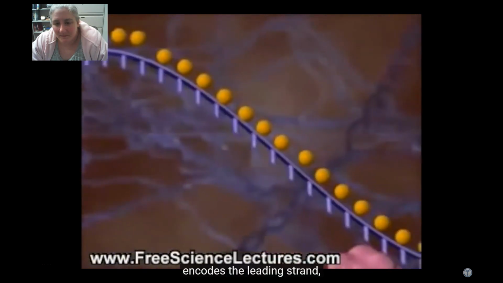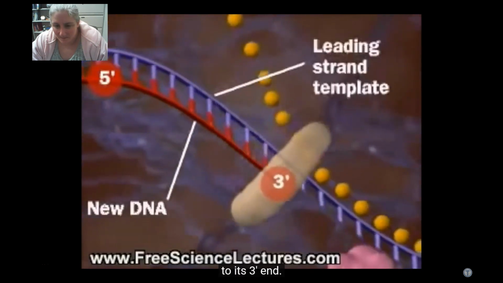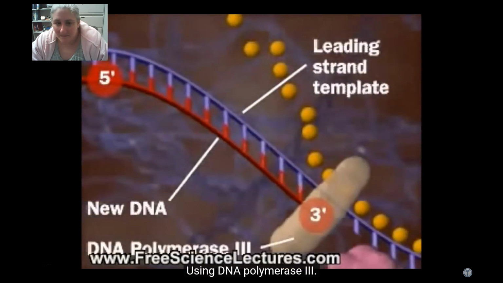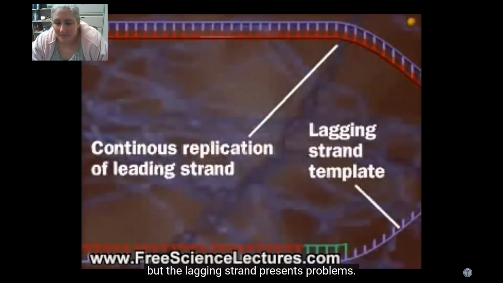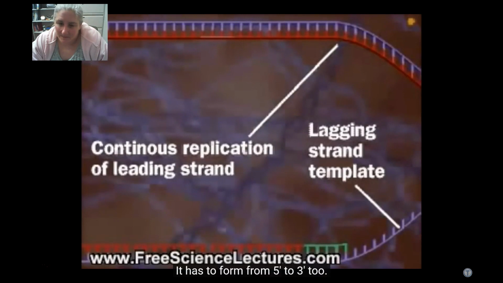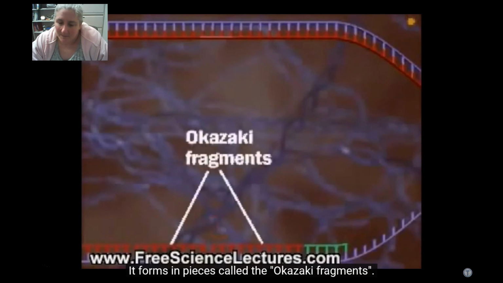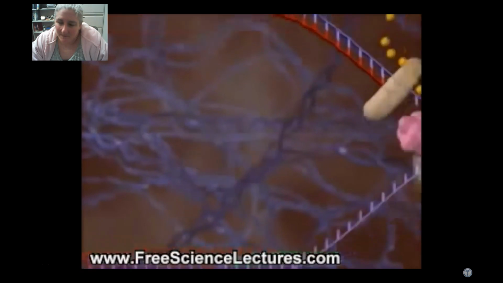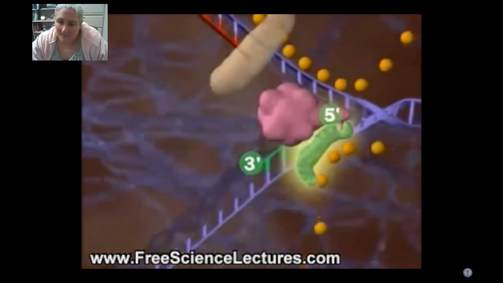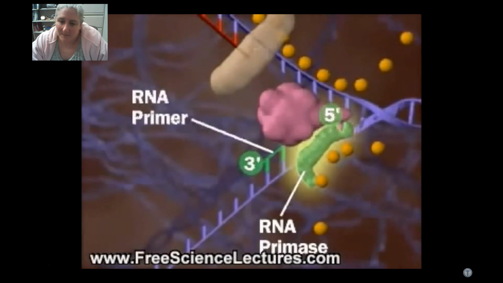One DNA strand encodes the leading strand, which forms from its 5' to its 3' end, using DNA polymerase III. No problem here, but the lagging strand presents problems. It has to form from 5' to 3' too. It forms in pieces called Okazaki fragments. First, an RNA primase lays down an RNA primer.